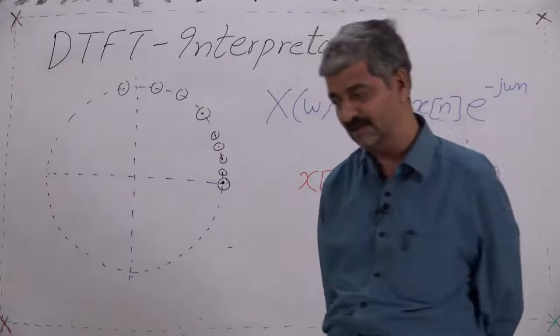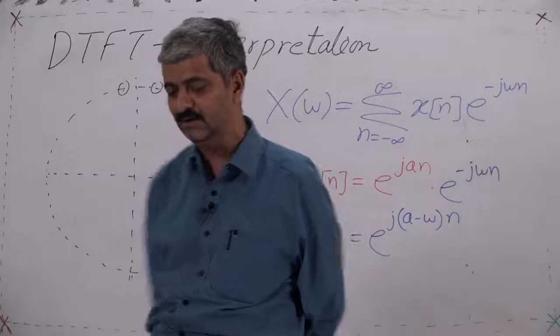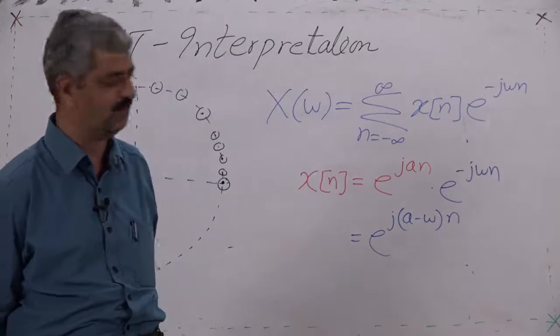When we want to find the DTFT of the rotating point, we take a weighted sum where weights are e raised to minus j omega n.